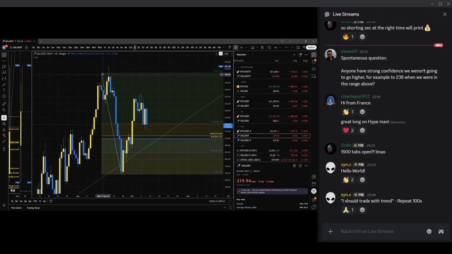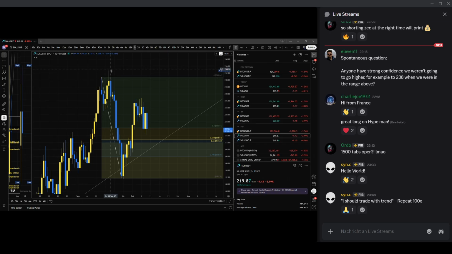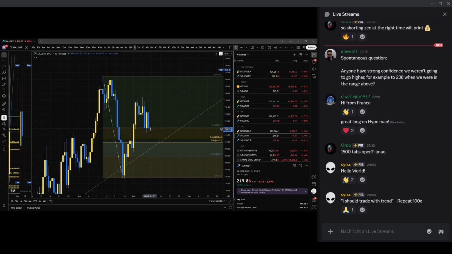The reason why I take this wick high is because that's the technical high, and this one here is just a sweep. That's also where all the divergence is printed, and it's just like, okay, let's get another pump to take all the stop losses. So that's the technical high, if you ask me. So that's also why you draw it like this.